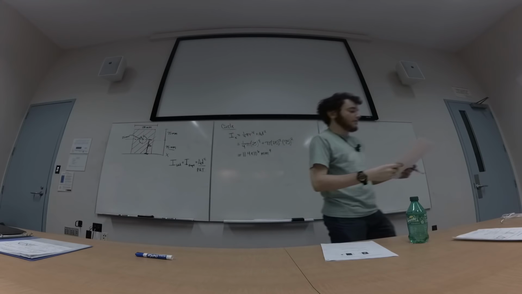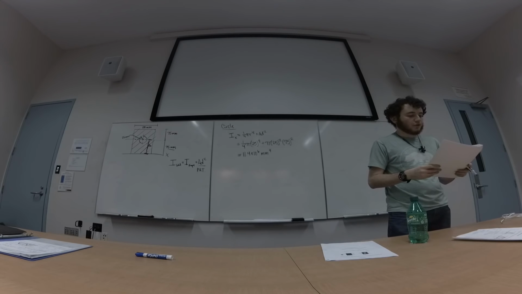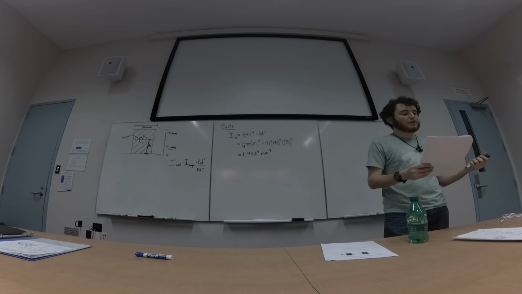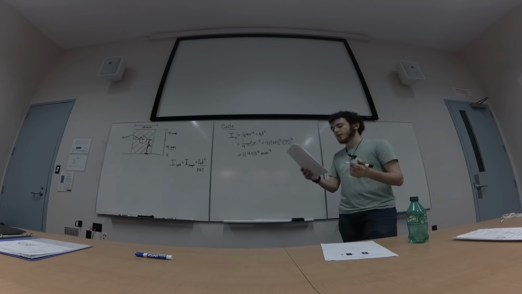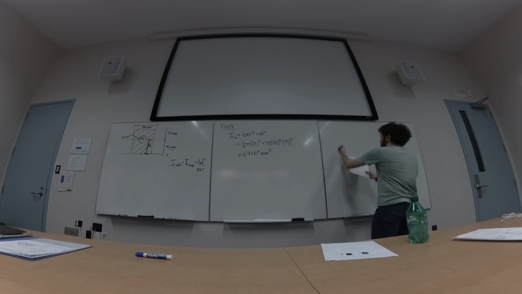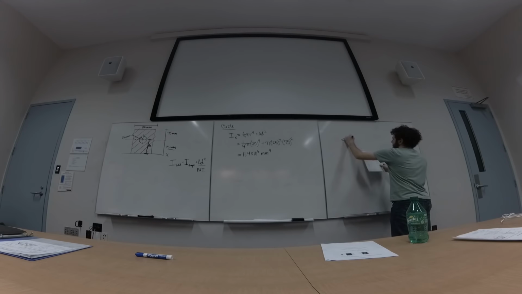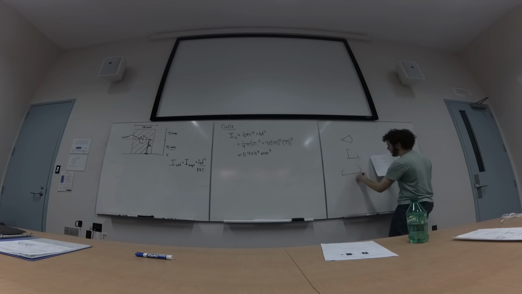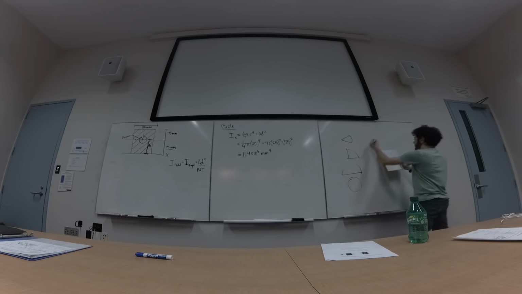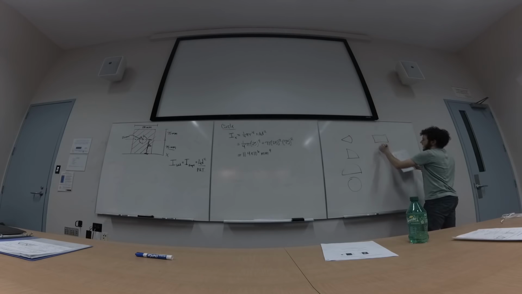Good question, though. So on my equation sheet, what I was given is the formulas for a shape like this. You've got your semicircle, circle, rectangle, and then they give you a triangle that looks like this.